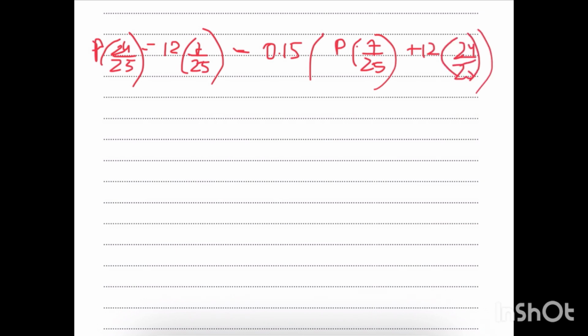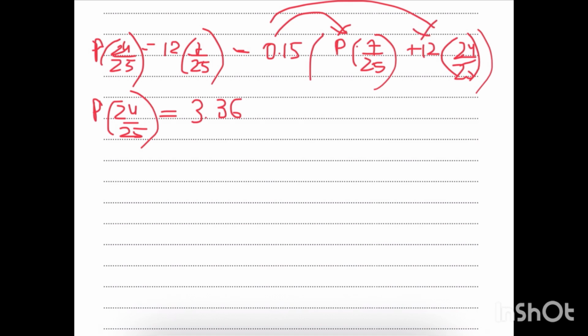Now we can simplify this, and so P times 24/25 is equal to 3.36 minus, and when we multiply 0.15 to both of these values, we get minus 0.042P minus 1.728.